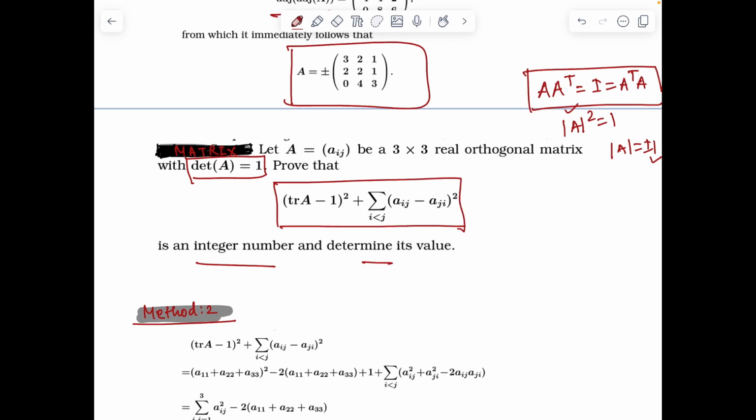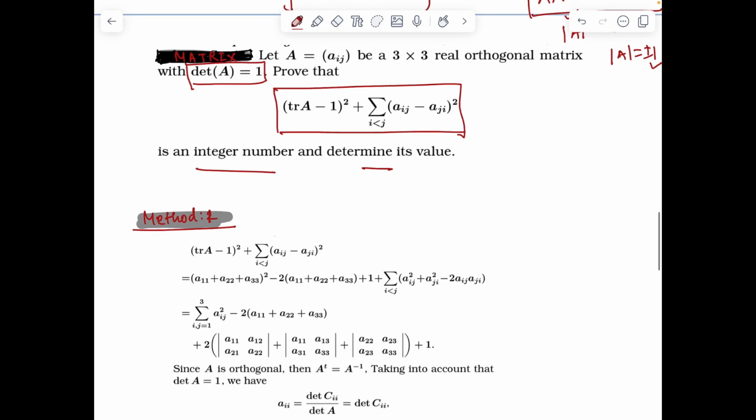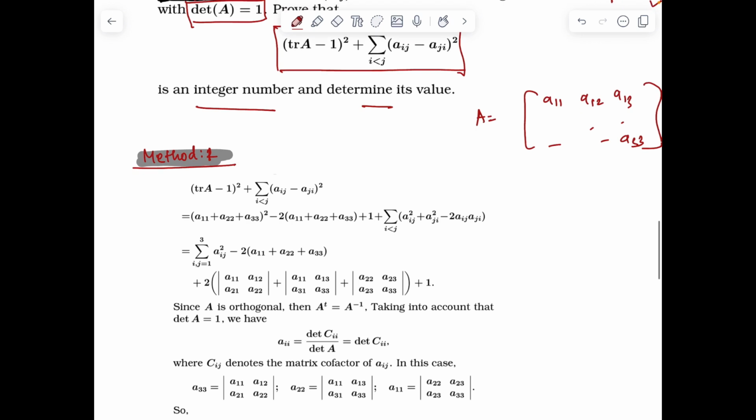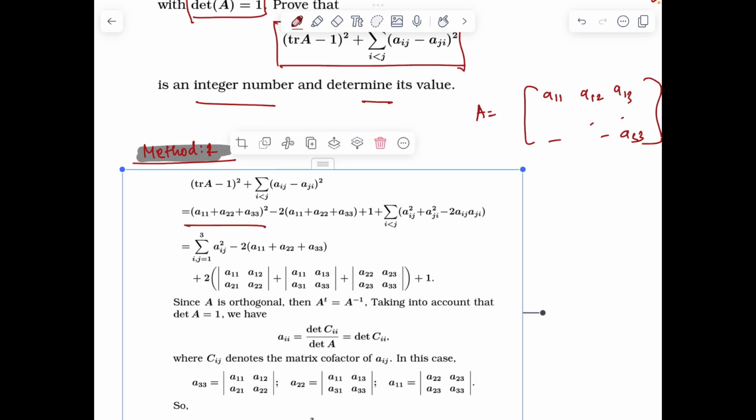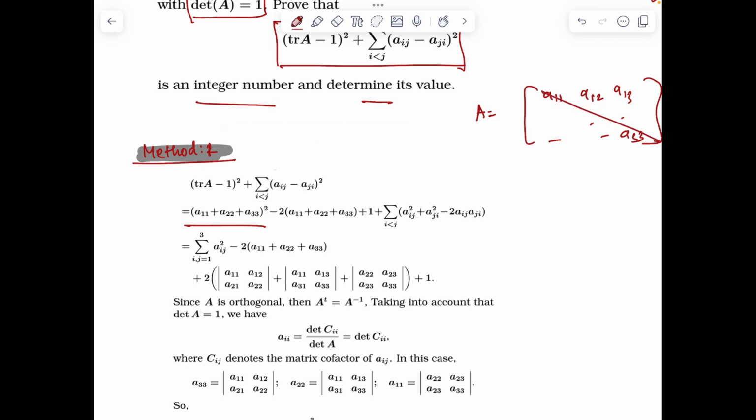One blind way of solving this question will be method 1, where you blindly take a matrix A given by A11, A12, A13 till A33. And if we apply all this data, we'll get sum of diagonal elements, the trace, whole square minus 2 times this plus this.